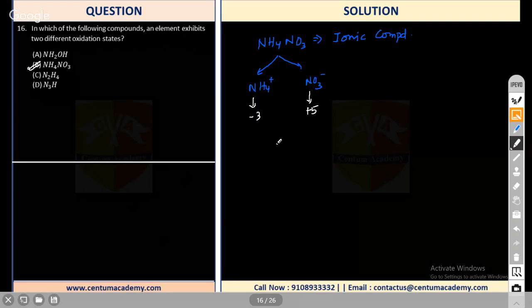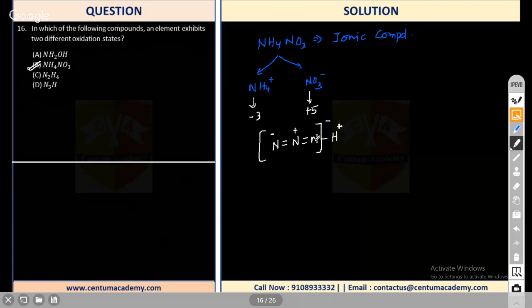The structure of N3H is this: N, double bond N, double bond N, and then H. So this nitrogen will have positive charge and this nitrogen will have negative charge. Right? And this hydrogen is plus 1, so this nitrogen will also have negative charge over here. Right? On the whole this will have one negative charge. Like this, if I write, it is one negative charge onto this.